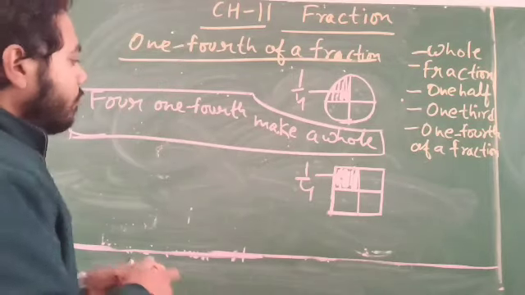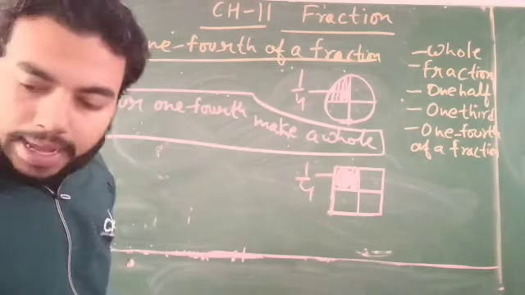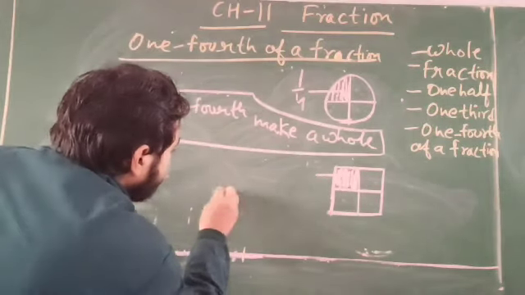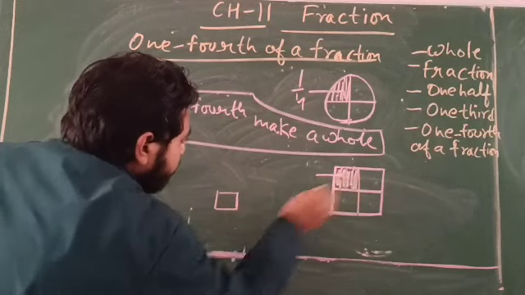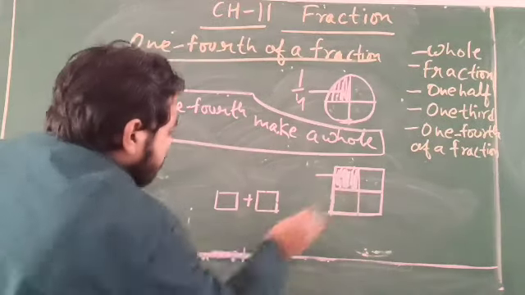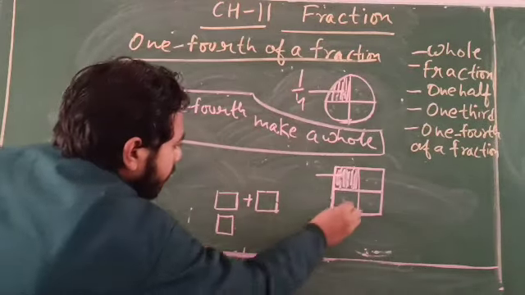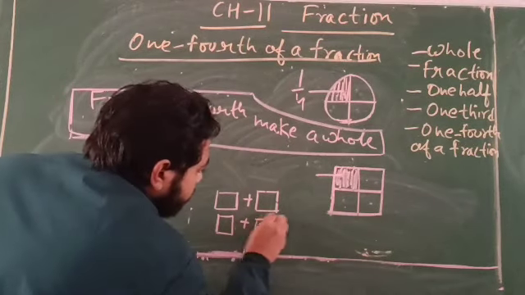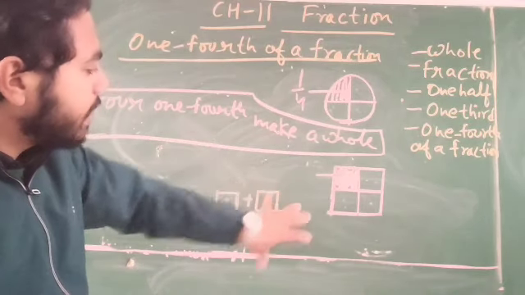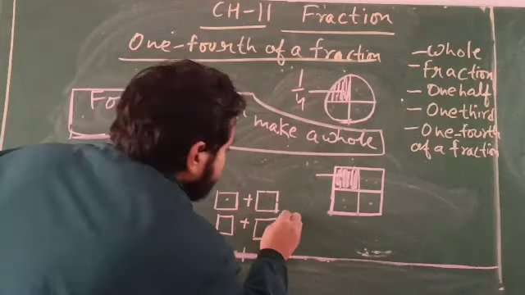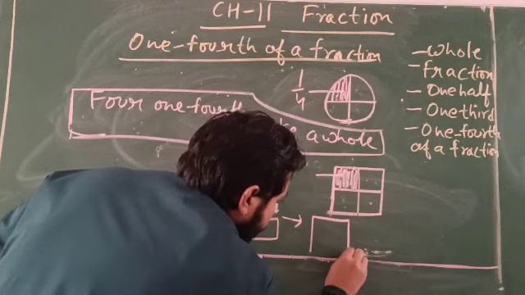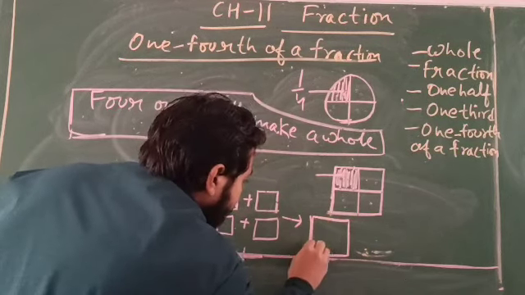By figure we can say that this is the square and we have divided it into 4 parts. So if we add these all 4 parts, this part, this part and that part, when these all 4 parts meet, we get our original square.